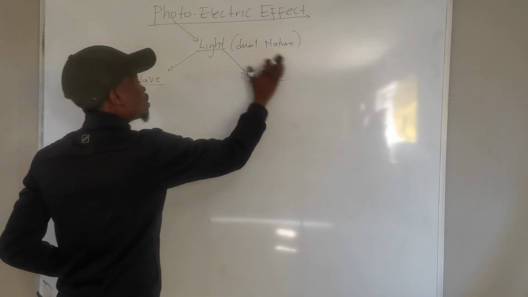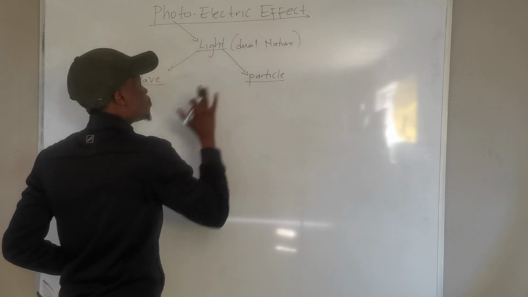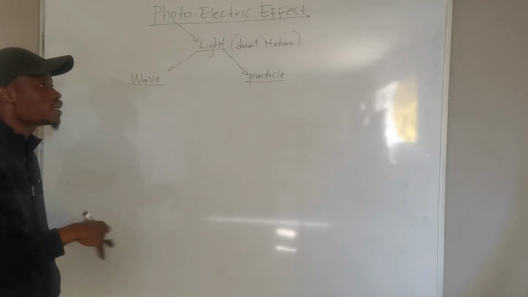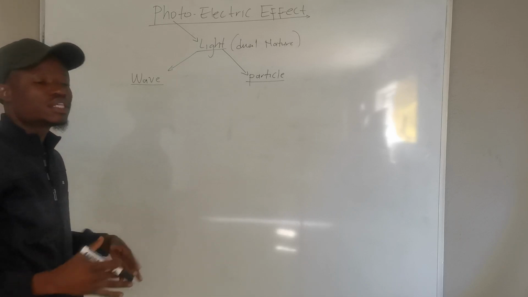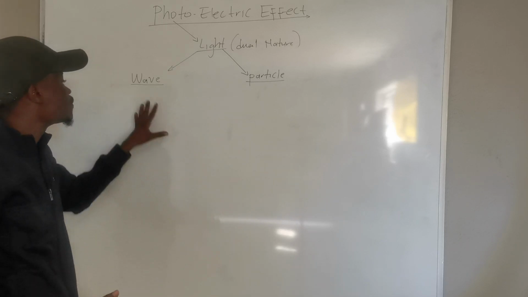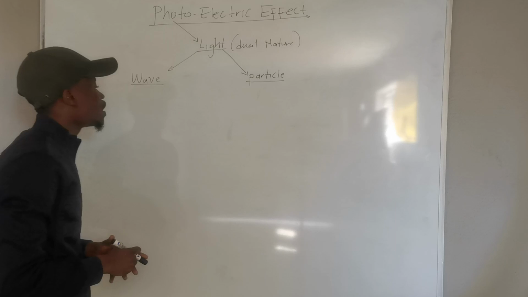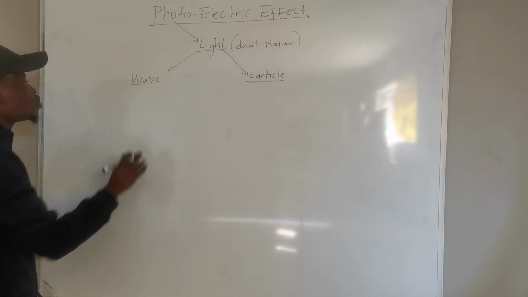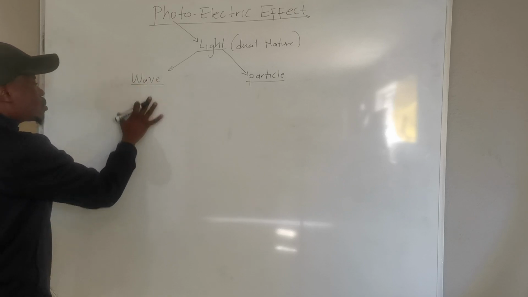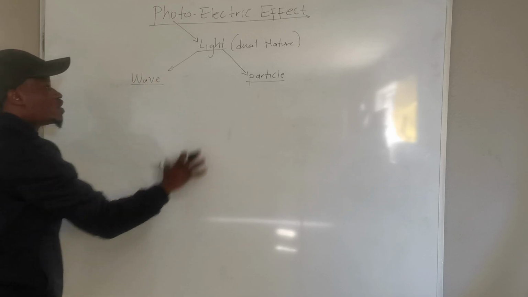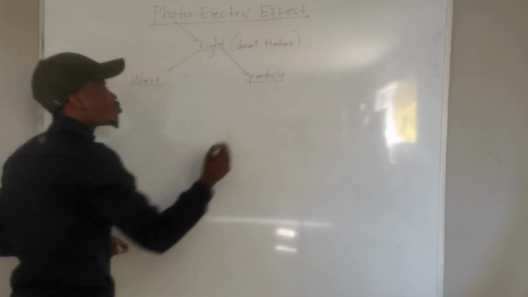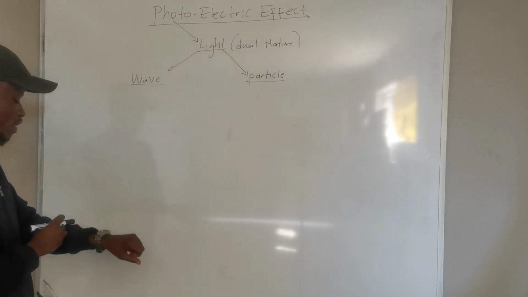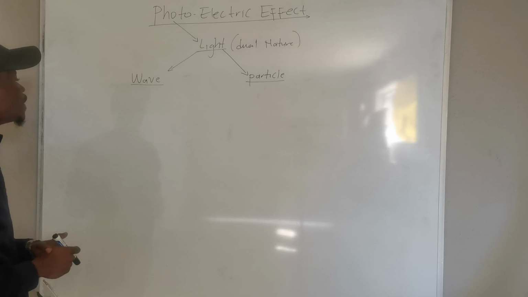Its abilities to reflect and to diffract, or just to bend, give light its wave nature. So I'm just going to say a little bit about light as a wave, then we will focus on light as a particle, because that is what we want to be looking at.